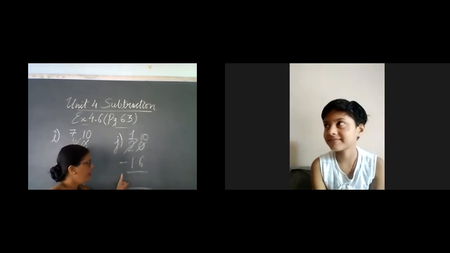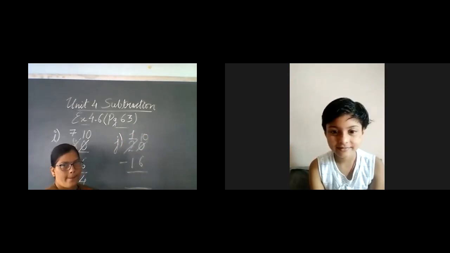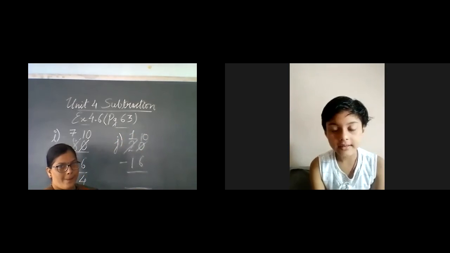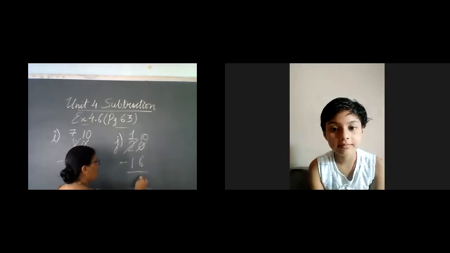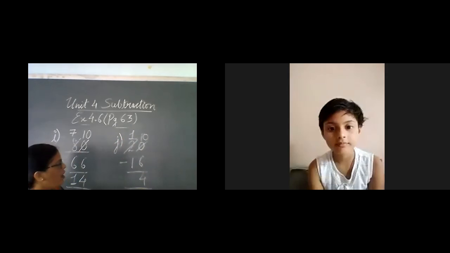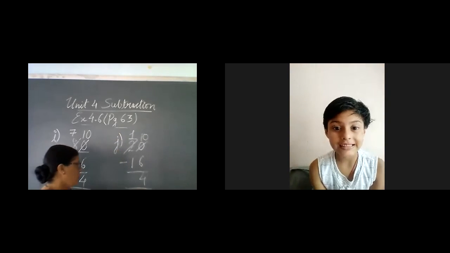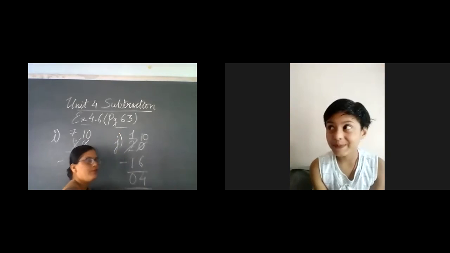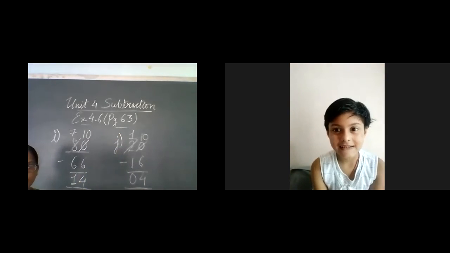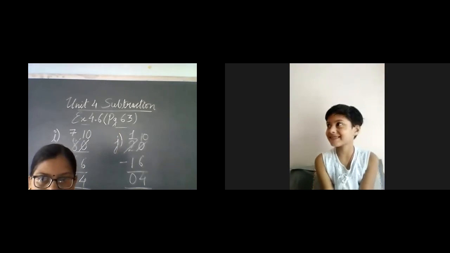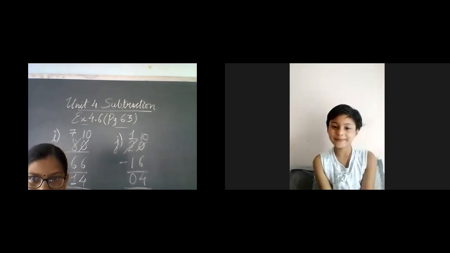Where will we write 4, at the 10's place or the 1's place? The 1's place. Now at the 10's place we have to subtract 1 minus 1, which is 0. So the answer is 4. Thank you, Manyata. Mute your mic.